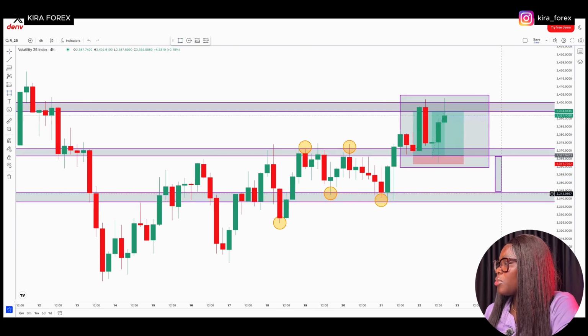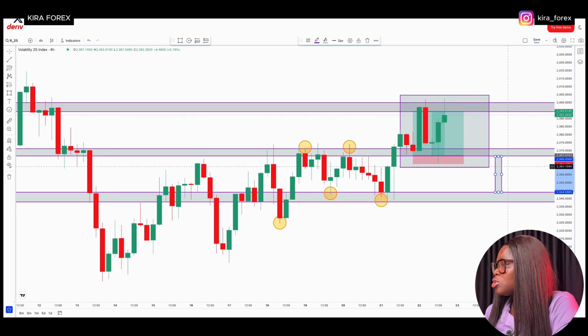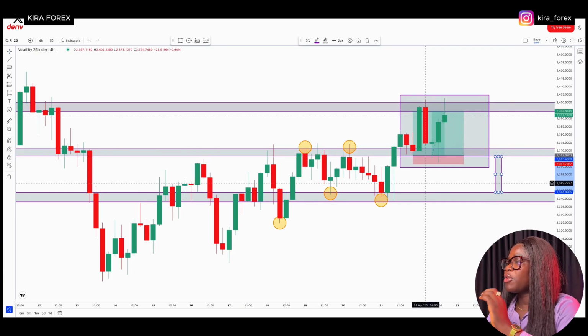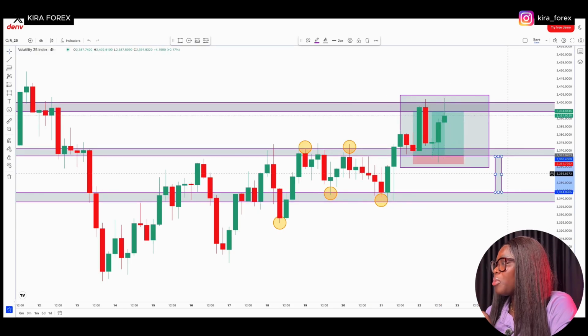So I measured from here, you can see this way, and then used the same measurement from the last support and the last resistance zone, the zones I drew. Because I knew the formation and I know we are moving towards the upside, I used that same measurement from the middle line, which is the resistance, to this point.